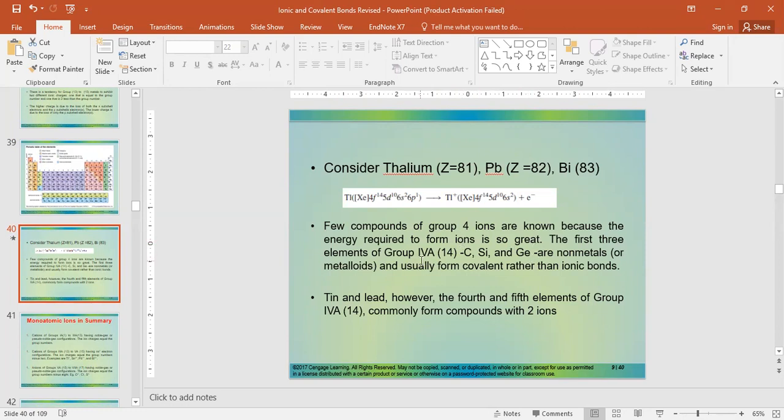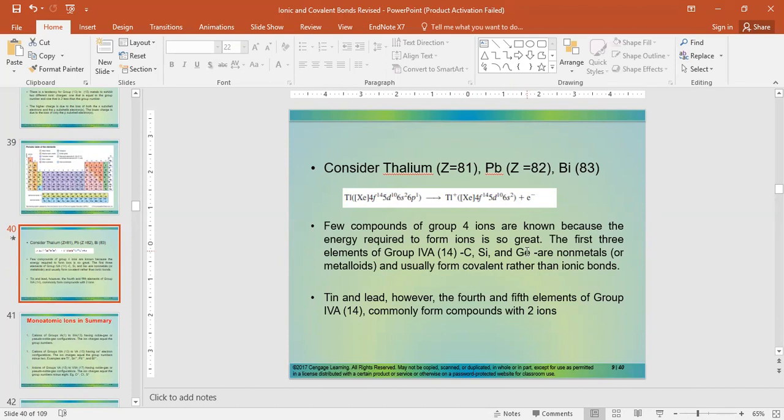The first 3 elements, that is carbon, silicon, and germanium, are nonmetals or metalloids, in the sense that they are in the middle between metals and nonmetals. But as you go down the group, their ionic character is enhanced. Carbon, silicon, and germanium predominantly form covalent bonds.